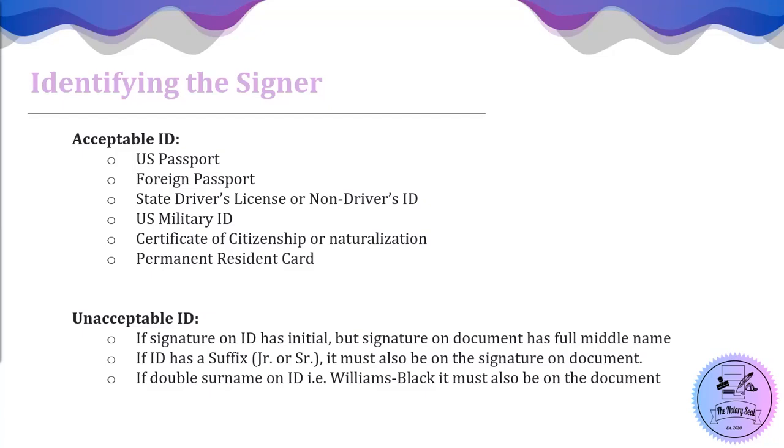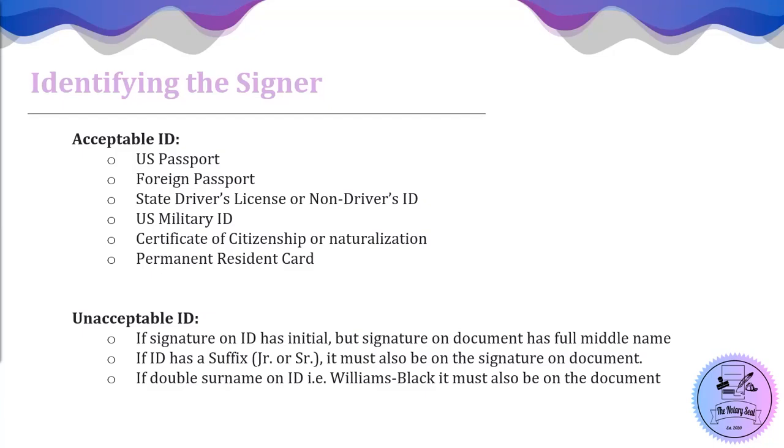Next is if the ID has a suffix such as junior or senior. If it has a suffix, it must also be on the signature of the document. Let me backtrack on that one real quick.